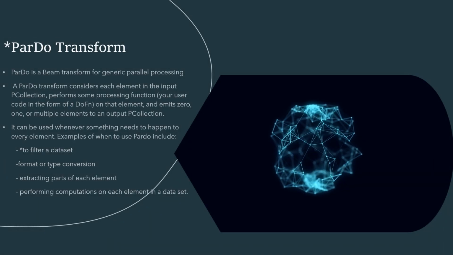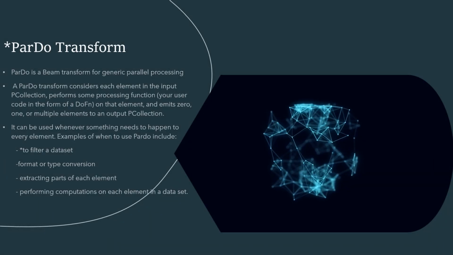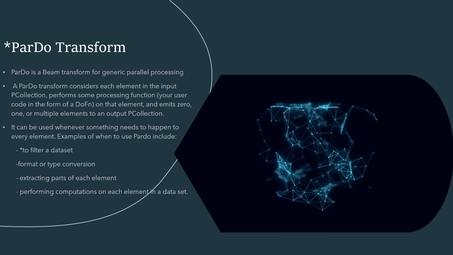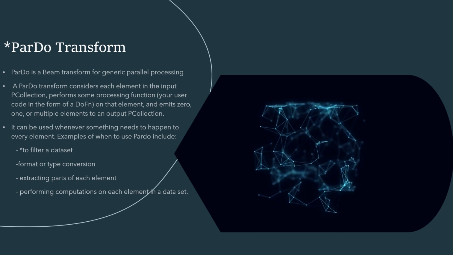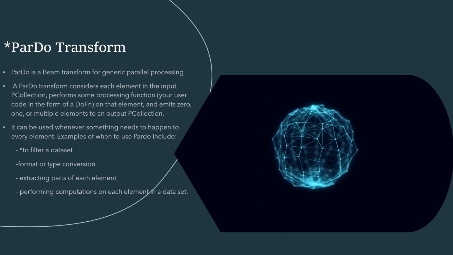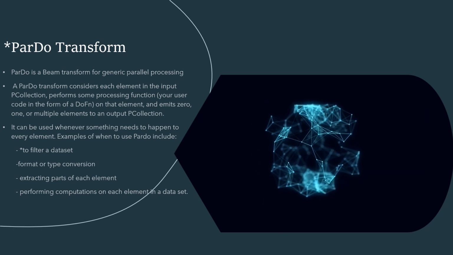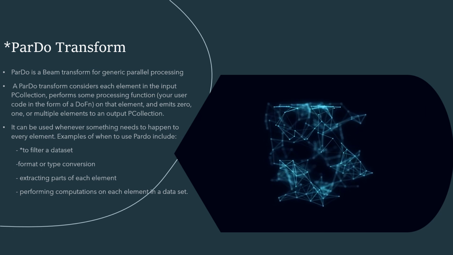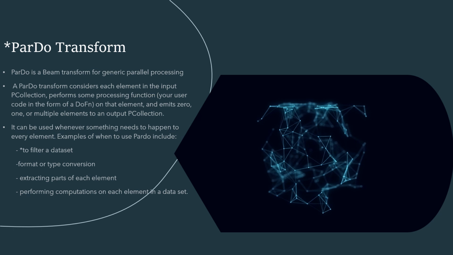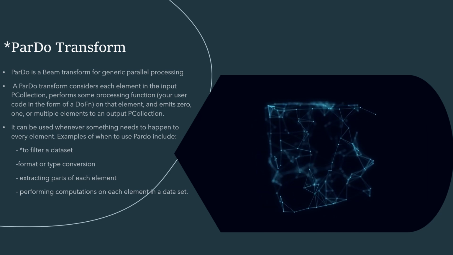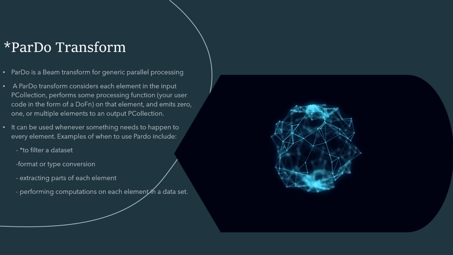ParDo is the Beam transform for generic parallel processing. ParDo accepts a user-defined function, or DoFn, which we will be discussing next. A ParDo transform considers each element in the input PCollection, performs some processing function, which is defined in your user-defined function, or DoFn, on that element, and emits 0, 1, or multiple elements to an output PCollection.